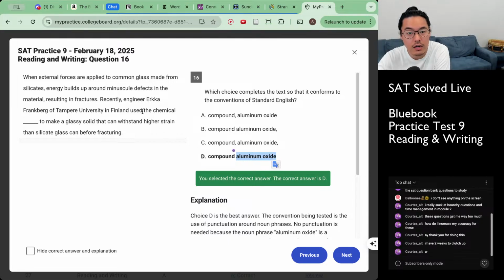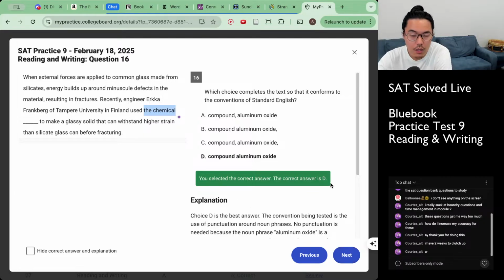If you did have a comma before that title, it would be used, comma, the chemical compound, comma, aluminum oxide. But then with the word the, that really clashes with the concept of a non-restrictive modifier there. So treat this as a title. Then you get rid of all the commas.